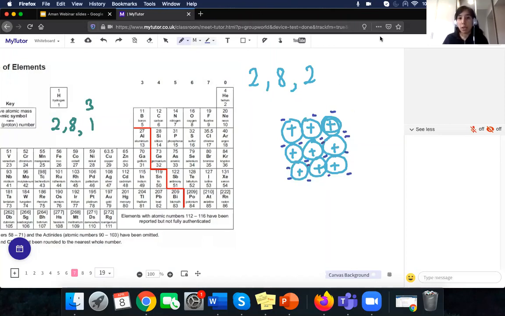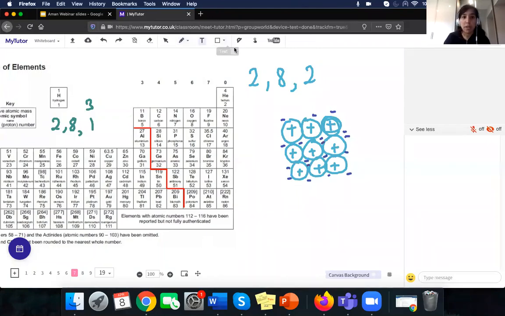So metallic bonding, the definition of it is that it is strong electrostatic attraction between metals, where you end up with a giant metallic lattice of positive ions or cations in regular layers electrostatically attracted to delocalized electrons.